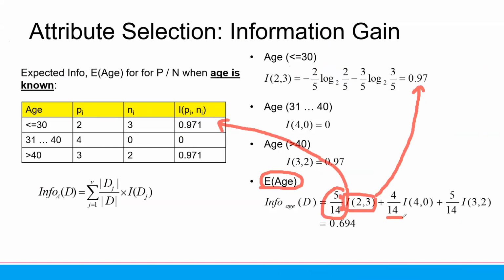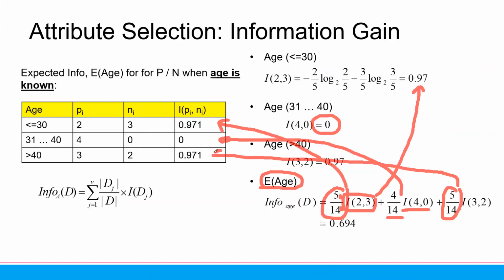And then 4 divided by 14, the second category, multiplied by I(4,0). Because it is 0, it will be 0. And then we have 5 divided by 14, the third category, multiplied by I(3,2). So this one.